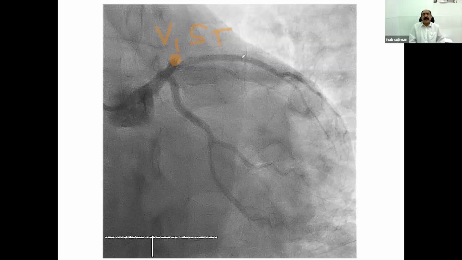So this patient had an extensive anterior STEMI, and there was an ostial LAD occlusion, and that explained why the patient had an ST elevation starting from V1 until V6.